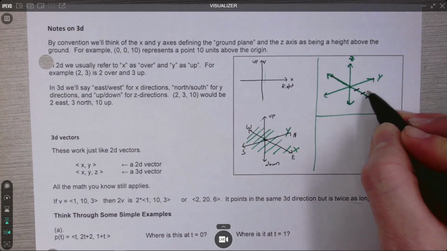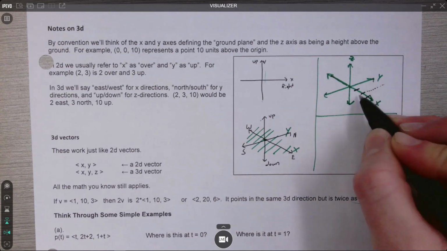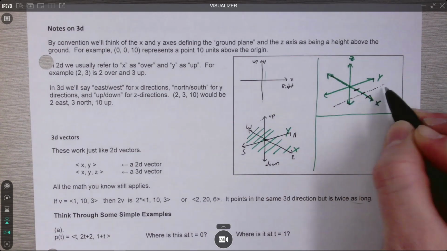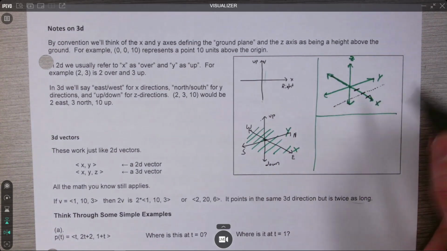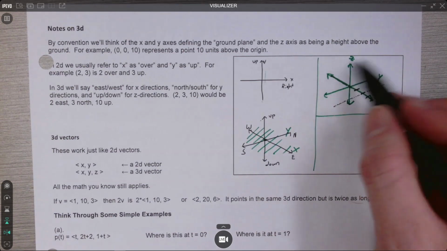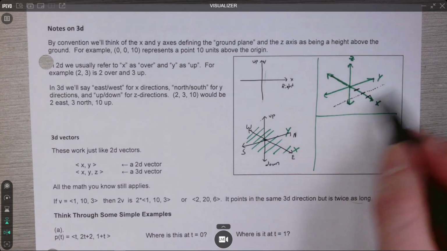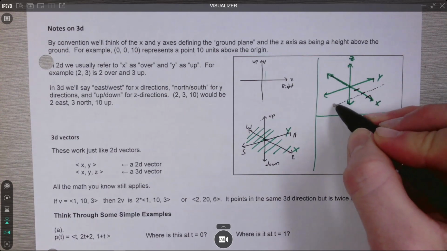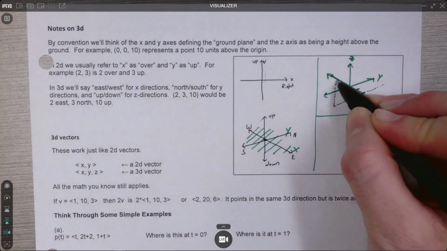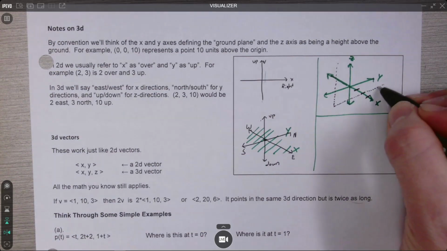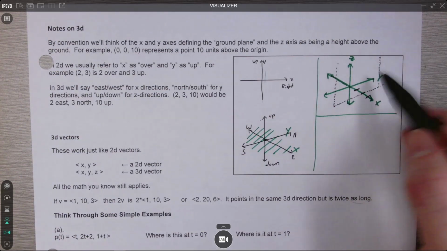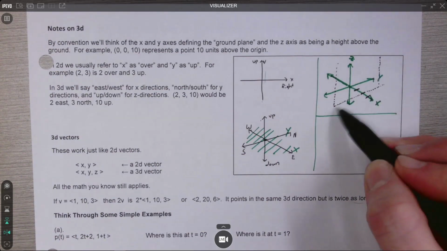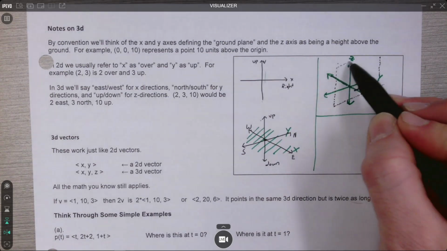And if I want to extend it, you should try this as well. Extend it with a little dotted line. If I want to imagine a plane that's cutting across x equals 2, you can draw some lines straight up that are going to be parallel with the z-axis here. And then you can do another one across that's supposed to be parallel with the y-axis.